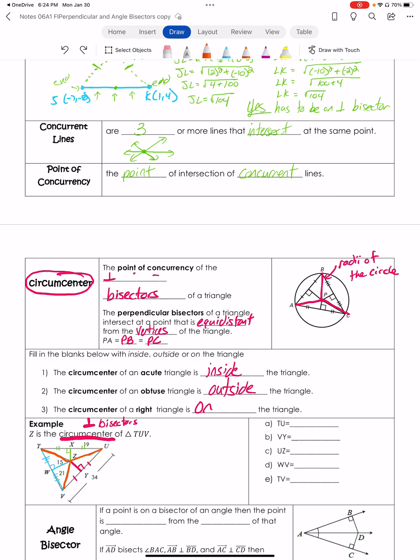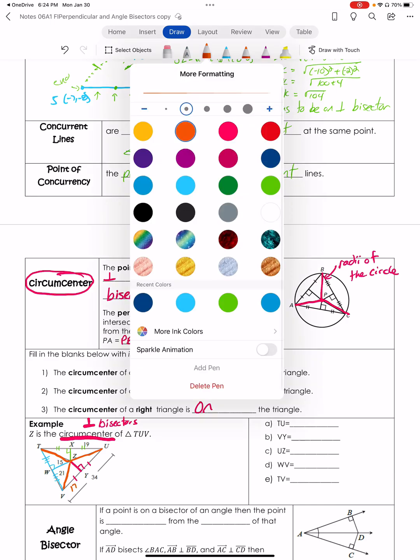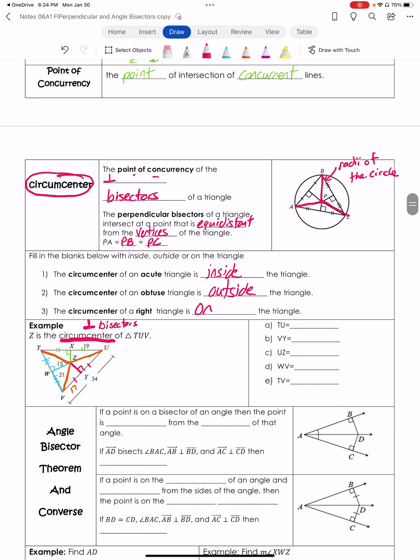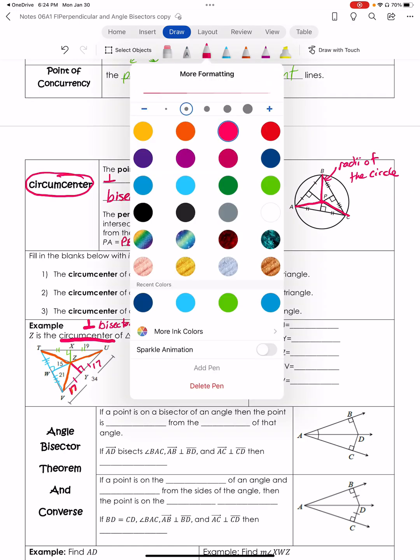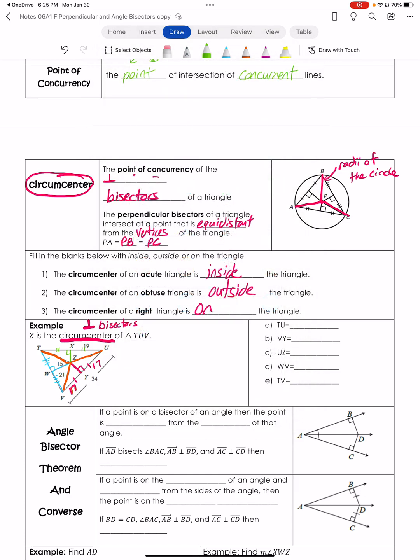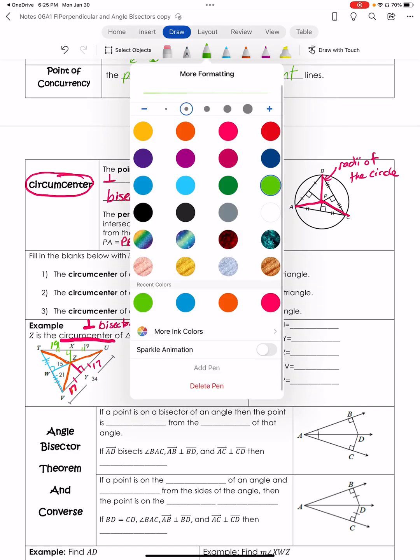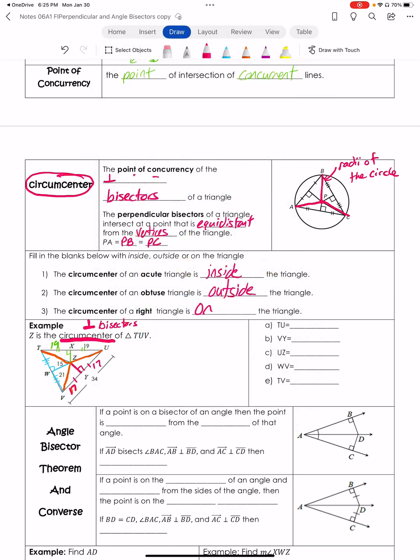If this is 34, then this has to be 17 and 17. If this is 19, this one over here is 19. So that helps me out. Do I know TU yet? TU is going to be 38.